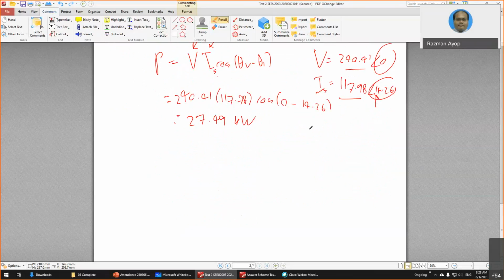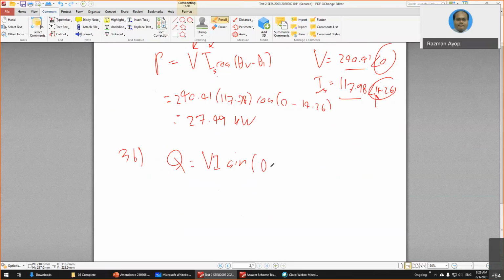So for the question 3B, same formula, almost the same, but Q equals to V I S, not cos, use sine.